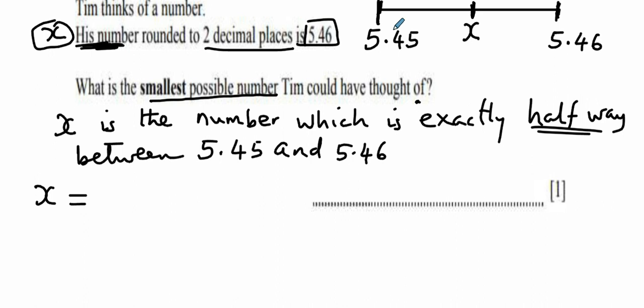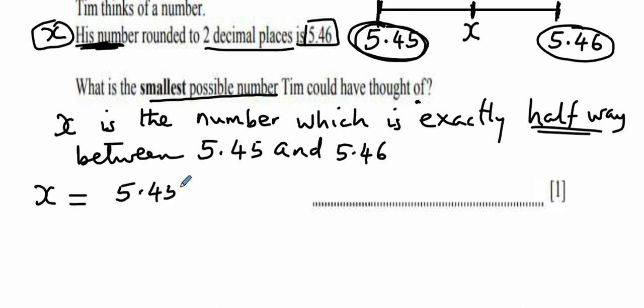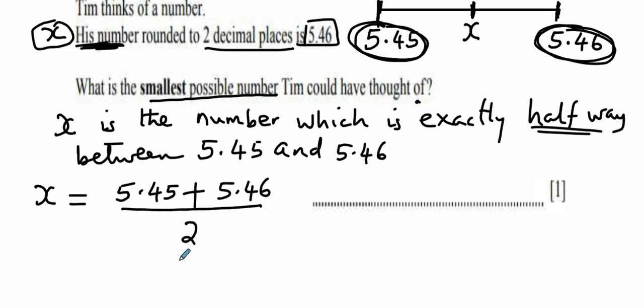How do we calculate the value of x, the number which is halfway between those two numbers? What we do, we take 5.45 and add it to 5.46. Now the answer we get, we divide by 2. Why do we divide by 2? Because that number is halfway between 5.45 and 5.46.